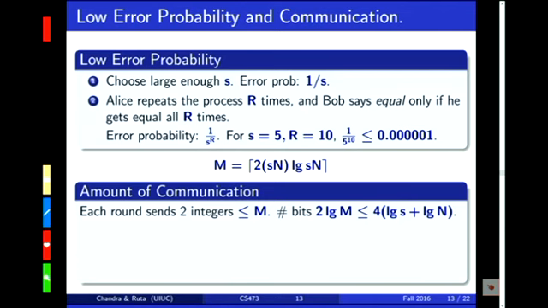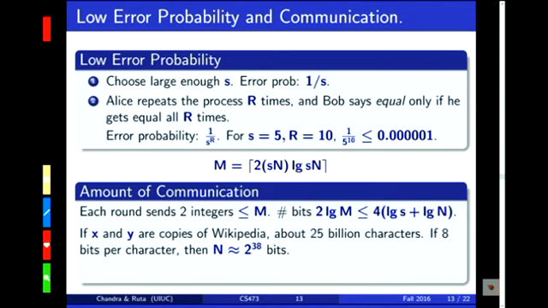So 2 log m bits in each round. If you take a log of this number, that is at most 4 log s plus log n. So in the above 2 procedures, as you increase s, you're increasing the number of bits that you are sending. But if you increase the number of rounds, also you are increasing the number of bits, because in one round you send these many bits.